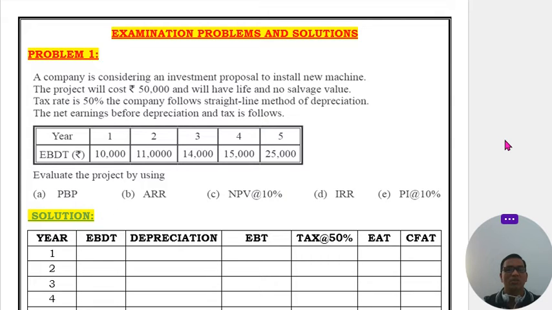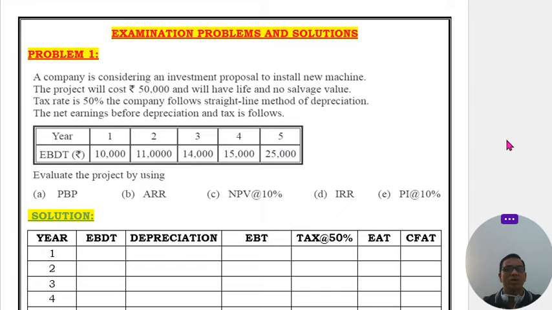Under discounted cash flow methods, I explained three methods: NPV, net present value method, PI, profitability index method, and IRR, internal rate of return method. In this video, I am going to solve some examination problems and solutions, including all five methods.